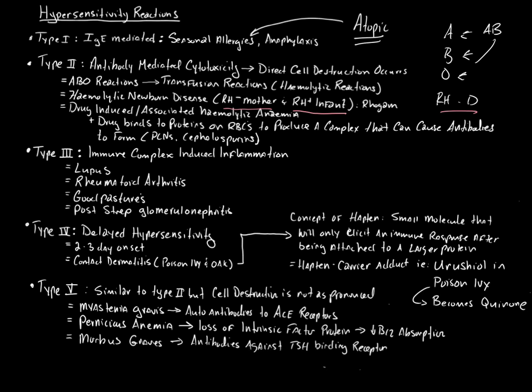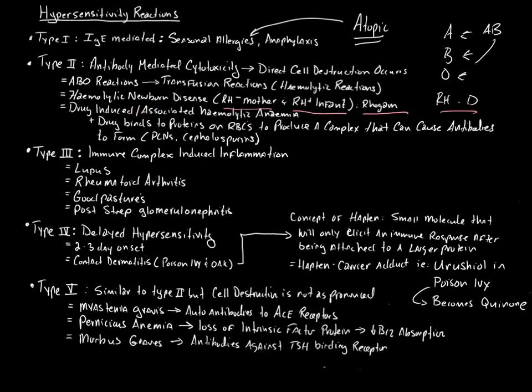If I conceive another infant that has Rh positive blood, my immune system may attack that infant, and you can have lots of problems. There are very good medications that can help attenuate this response, and one of the primary medications we use is something called RhoGAM.